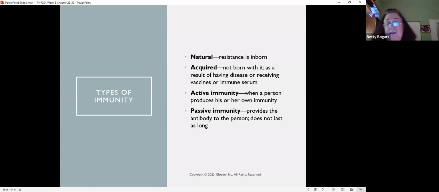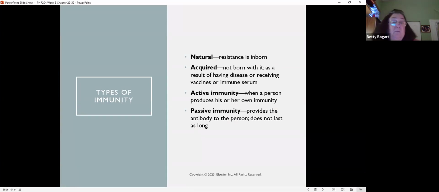Now, types of immunity. This is an important concept here. Natural, you're born with. Acquired, you either got a vaccine or you had the disease and you now have the immunity. Active immunity is when you produce your own immunity against it.